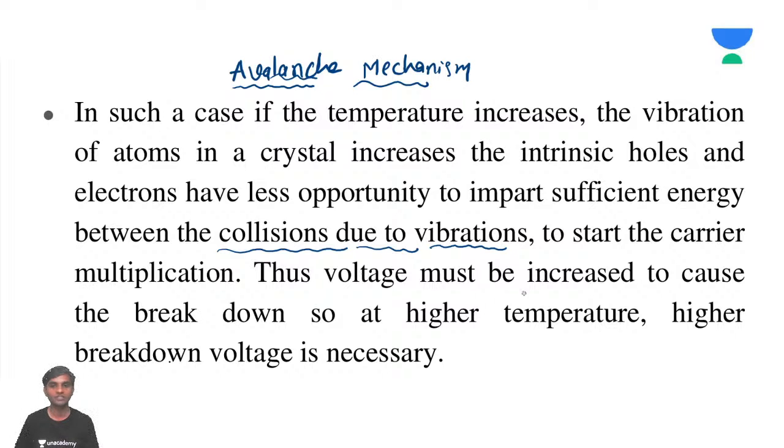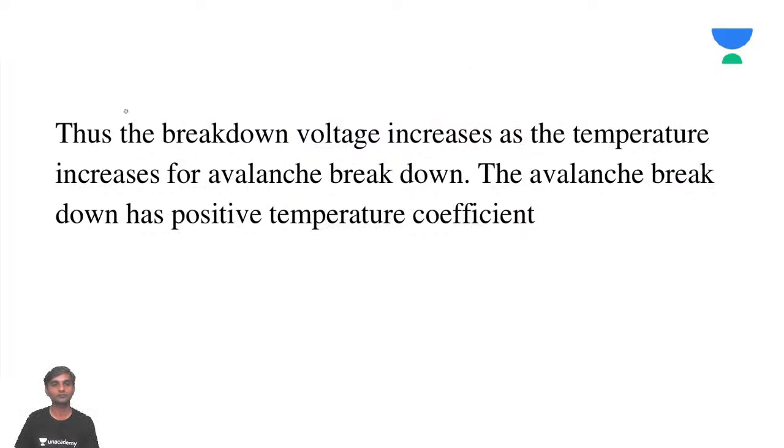So at higher temperature, a high breakdown voltage is necessary. Thus, breakdown voltage increases as the temperature increases for the avalanche breakdown. The avalanche breakdown has a positive temperature coefficient.